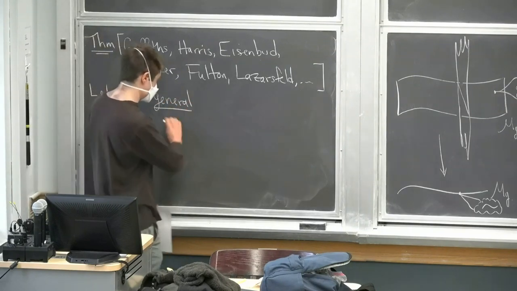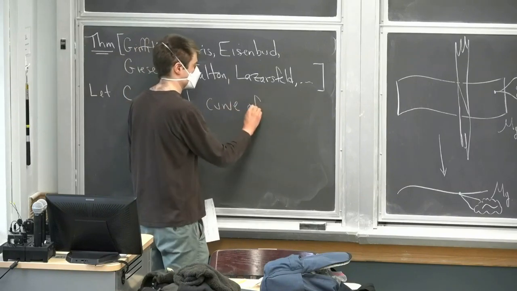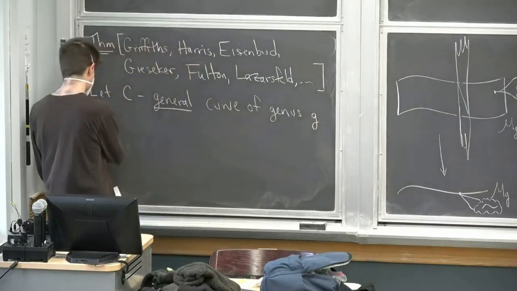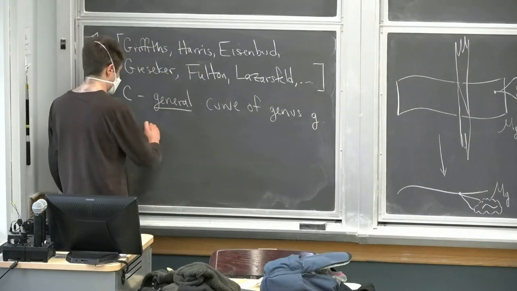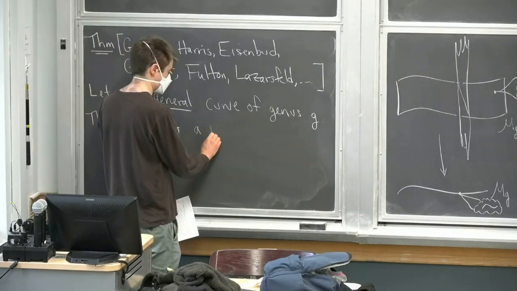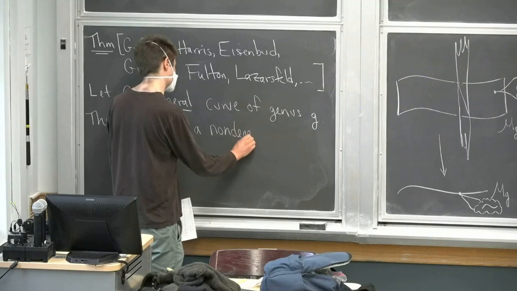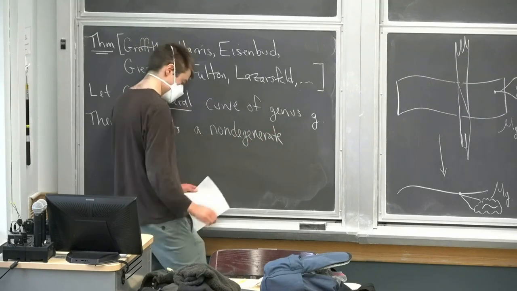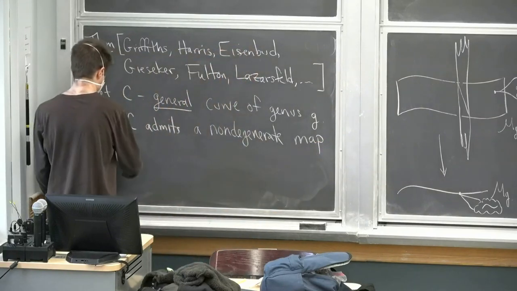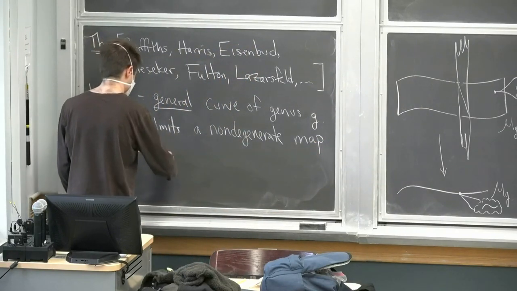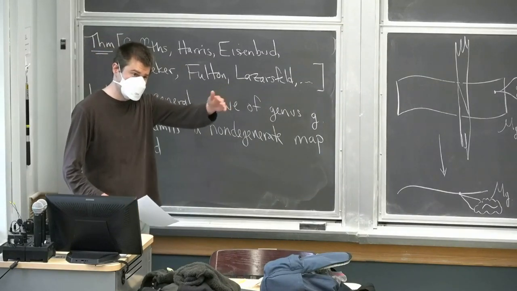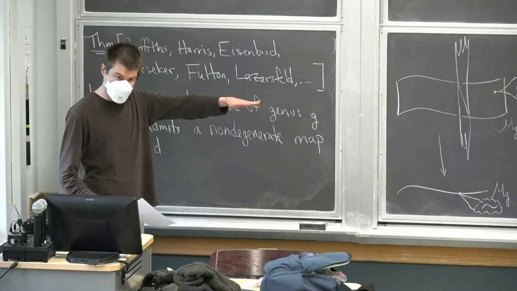Let C be a general curve of genus G. Then C admits a non-degenerate map of degree D. So non-degenerate just means that the image of the map is not contained in a smaller dimensional projective space.